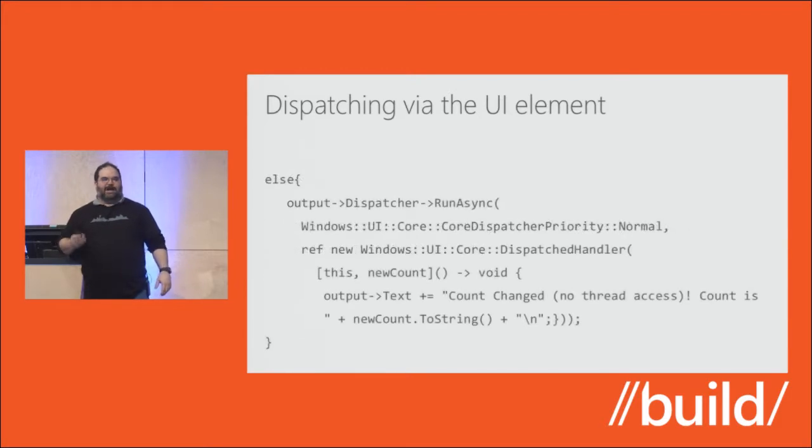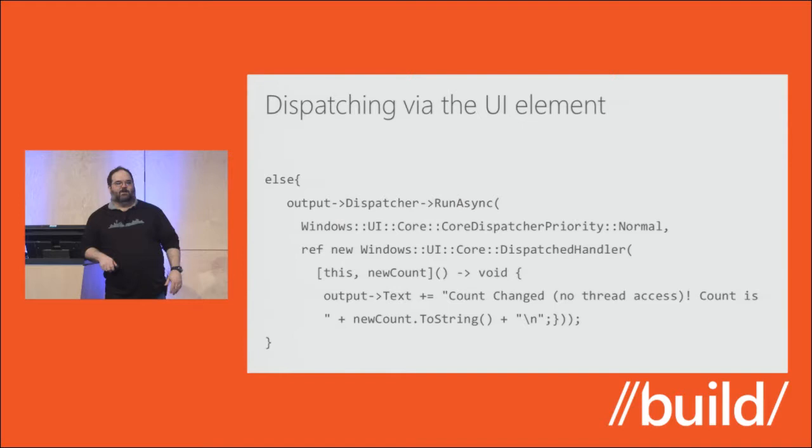If you don't happen to be on the right thread, then these same UI elements, in that same dispatcher object, have a run async method. Down in the middle of this, you can see a lambda that updates the field, but it wraps it in a dispatch handler. So you create a dispatch handler and you call run async on the dispatcher.